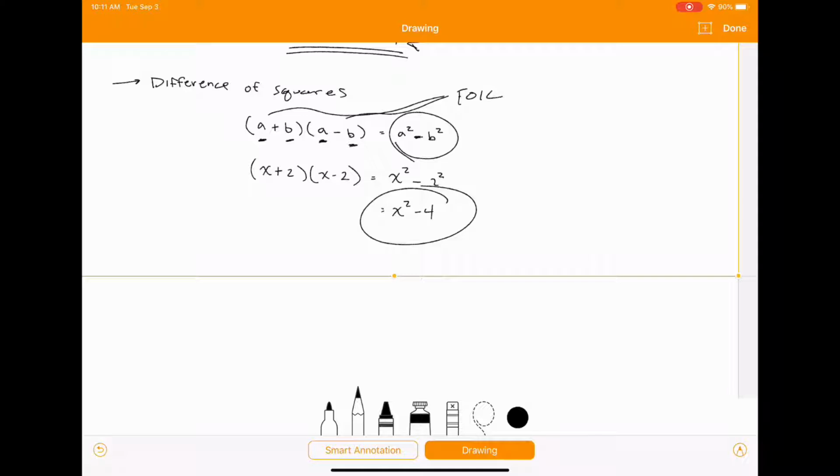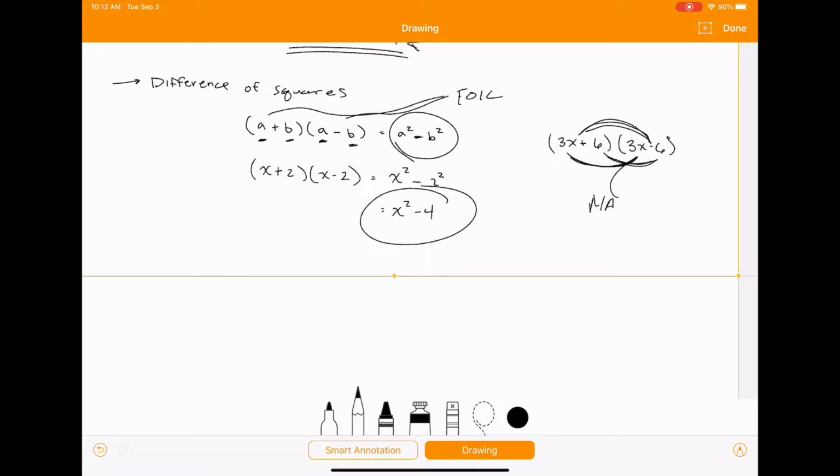Now, both these methods also work if your first term is something more complicated than just x. So let's say we've got 3x plus 6 and then 3x minus 6. Again, these first terms match up, these second terms match up, and their signs are opposite.